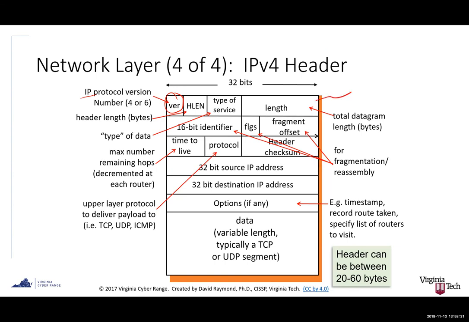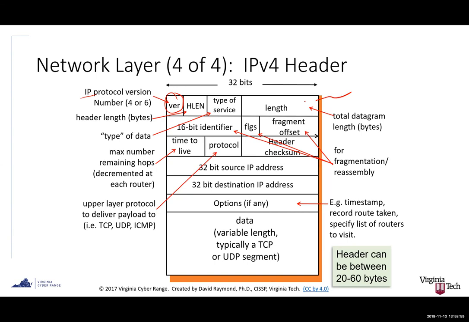You want to have the total length of the particular data packet that you're sending, because the receiver is going to look at that length in the header, and if the length of the packet that it received doesn't match the length specified in the header, then the receiver knows, hey, something's wrong with this packet, something got corrupted along the way, and that's one of the techniques used for reliable data transmission.